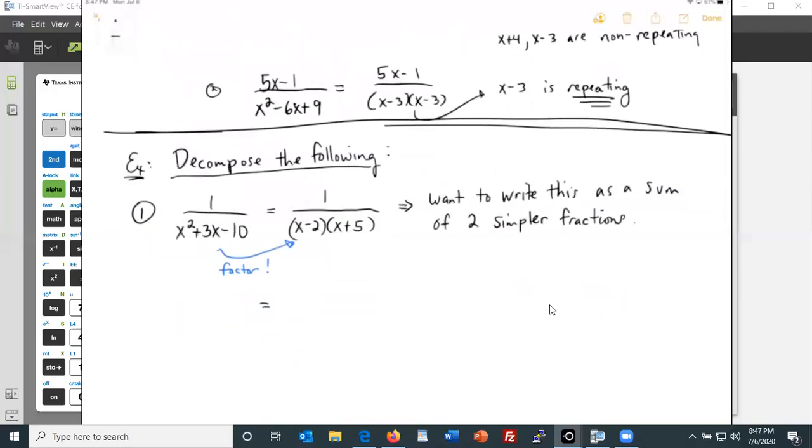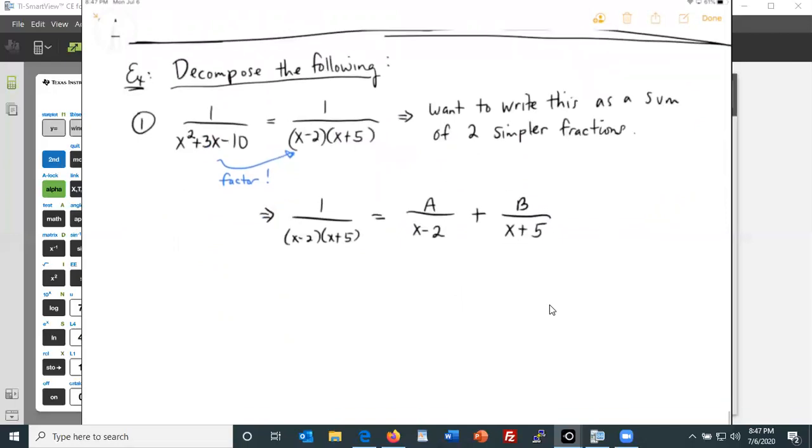We take the problem, we bring it down, and we write it as capital A over one of the factors plus capital B over the other factor. And we don't need any more than that because there's only two factors. If there were three factors, we would need a plus C over the third factor.